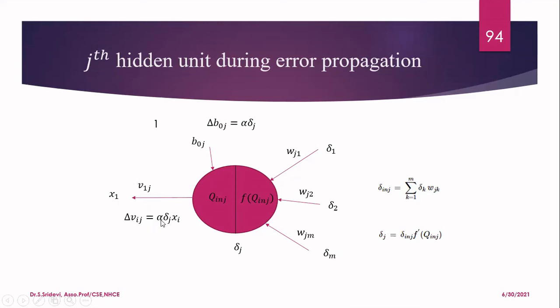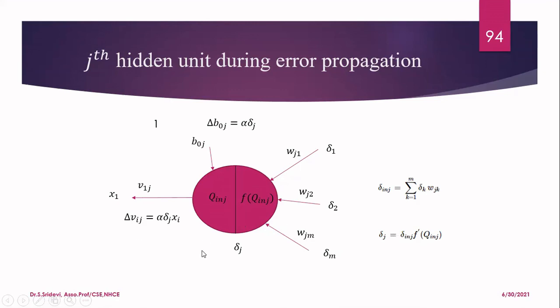It is alpha, the learning rate of the algorithm, multiplied by the delta J we have computed, multiplied by Xi, which is this input. So according to the input value, the learning rate, and the error correction term, we compute the change in the weight value, delta Vij. The notation Vij is used because I am considering the ith input unit and j is the jth hidden layer neuron.